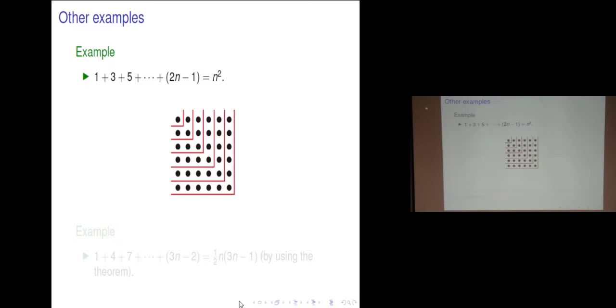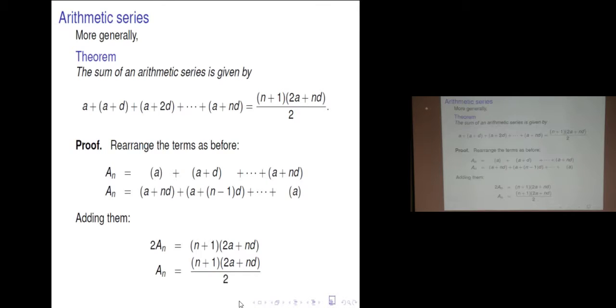So, sorry. Before I talk about these dots, you are okay with the result, right? So you can plug into this theorem by taking a equal 1, d equal 2, and then you can get the result.